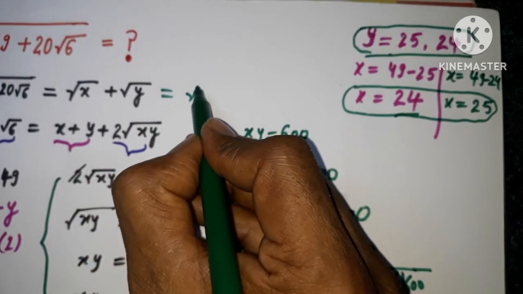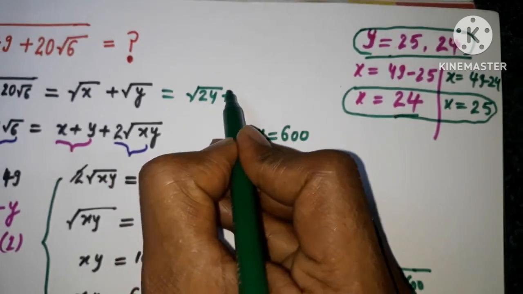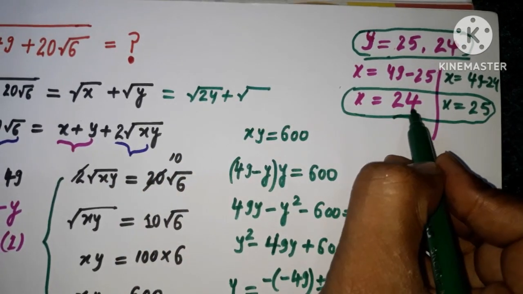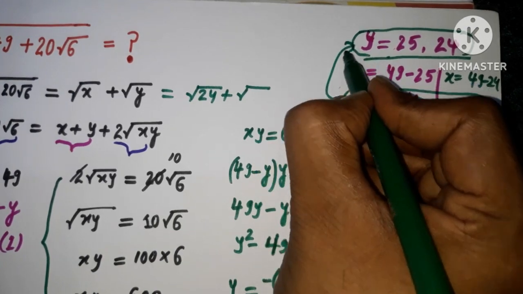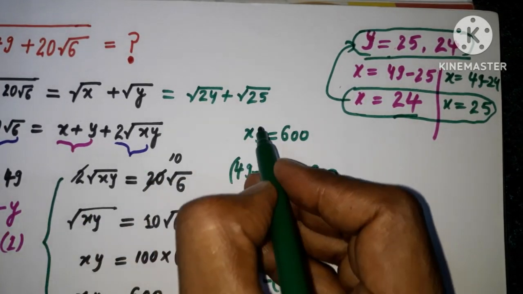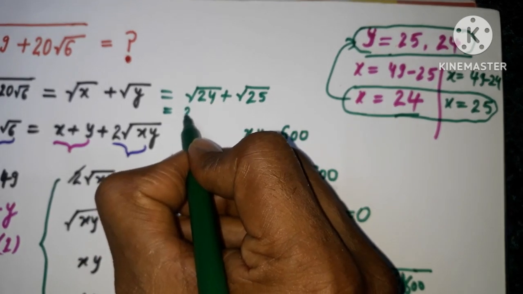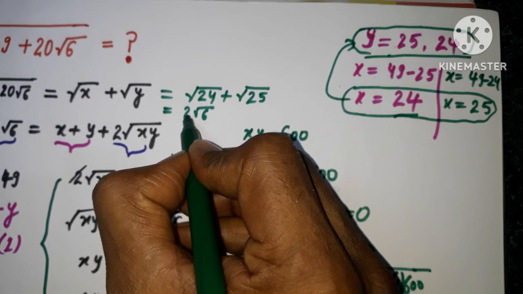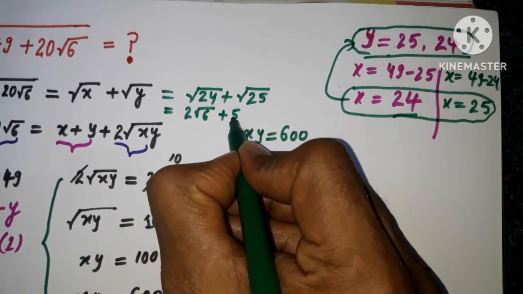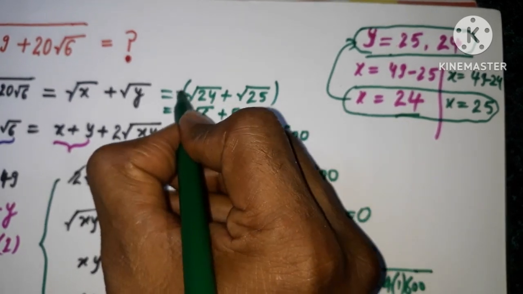Here root under x, if I am considering 24, then for the corresponding 24 we have the value 25 here. So here 25, and it is giving us 4 into 6. So 4 will come outside, 2 root 6 plus 5, and here we have plus minus, so both will have plus minus.